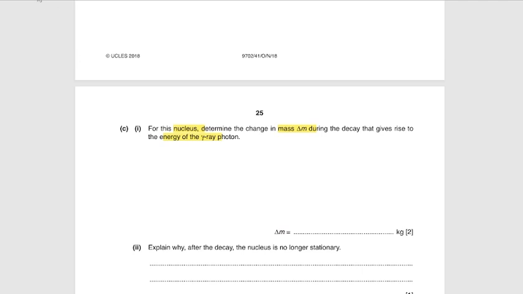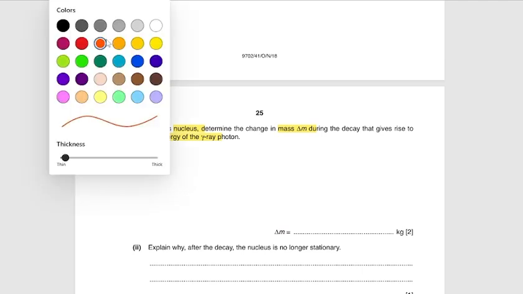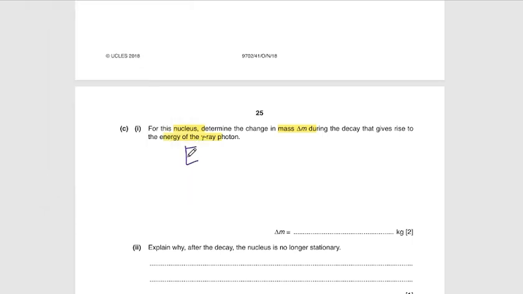One formula that should instantly pop up in your mind is the Einstein equation, which is E equals mc squared, the legendary equation. What this means is that whenever you have a decay, since mass and energy are conserved, energy can be converted into mass and mass can be converted into energy, but the total remains constant.